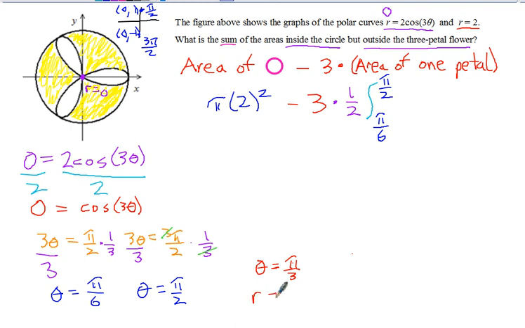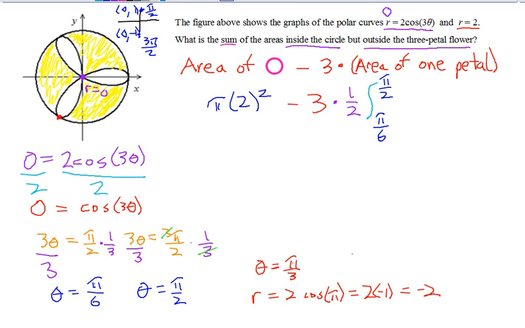So you'd have r equals 2 cosine. When you plug in pi over 3 here, the 3's reduce out and you're just left with cosine of pi. The cosine of pi is negative 1, so you get negative 2. So pi over 3 is about 60 degrees right here, and negative 2 means you go the opposite direction 2. Notice that takes us to right there. So this pi over 6 to pi over 2, where r is 0, is actually giving us this petal of the flower. But we didn't need to know which one it was.